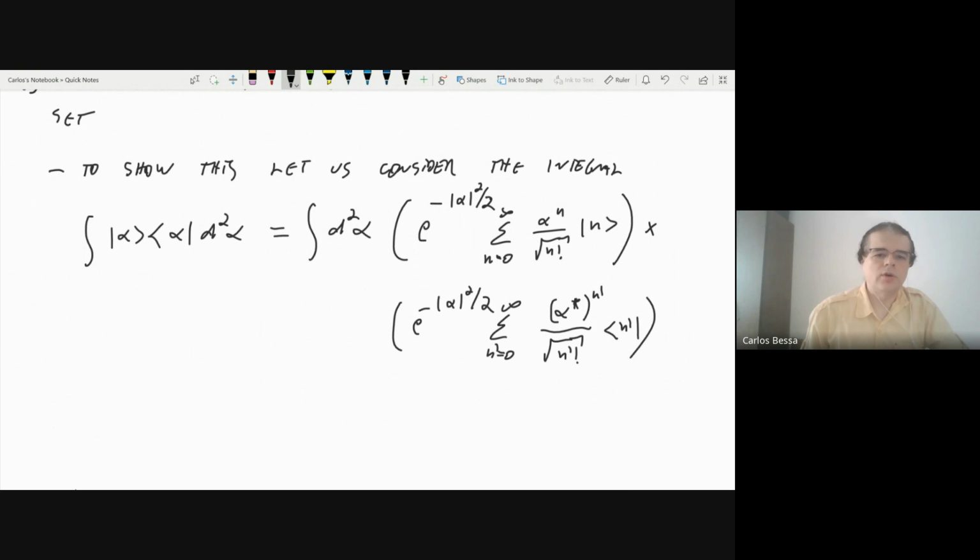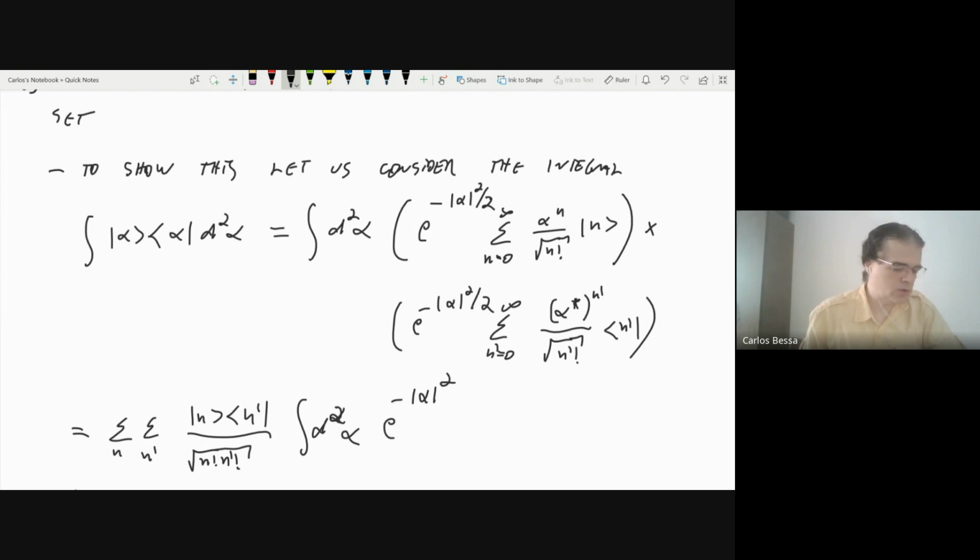Okay, so the integral is in alpha. So we will have just the double sum outside, the states, and the integral d squared alpha, exponential of minus alpha squared, alpha conjugate to the n prime, alpha to the n.